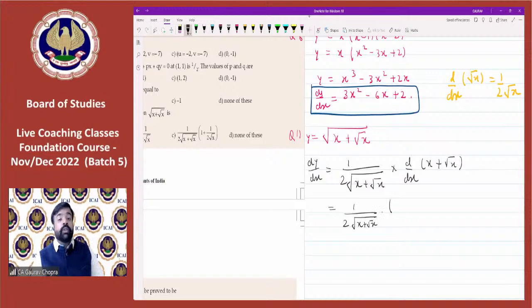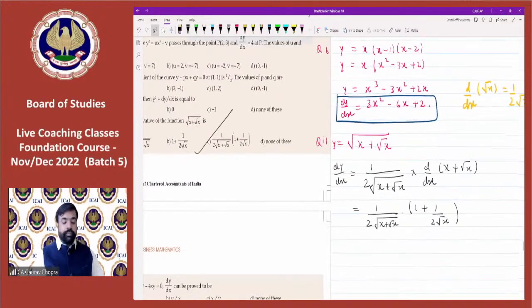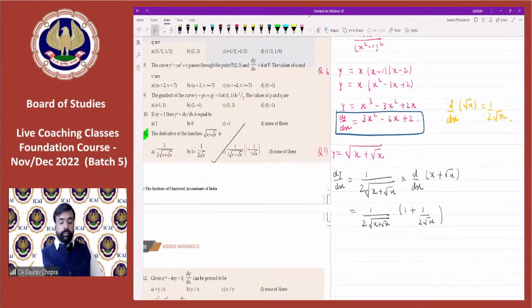Now what is the derivative of x? It is 1. And for root x, it is 1 upon 2 root x. Now we can check which of the options is getting matched. So option number C, we can see it is matching. So it is correct. Yes, Divya has given the answer, option number C.